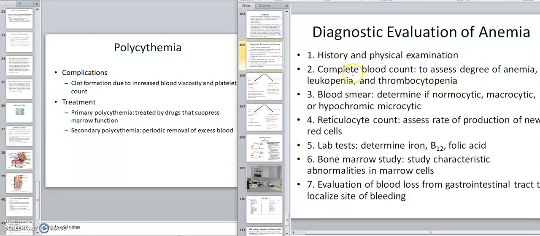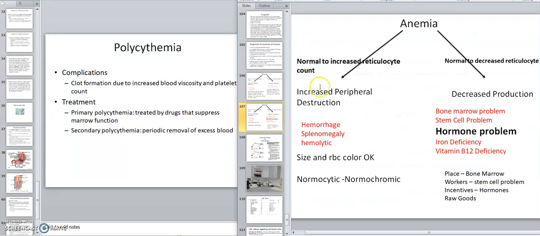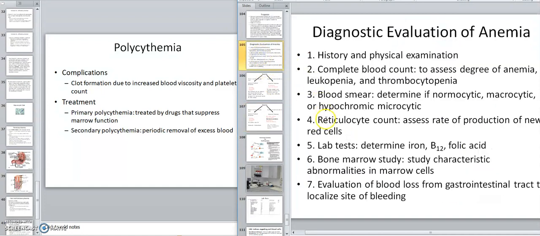In the workup, you would look at all the parameters of the red blood cells, the size, the color. CBC gives some, but the blood smear does it better because you're looking at it. If the person is anemic, to separate it into the two branches, you would look at the reticulocyte count. If the reticulocyte count is increased, peripheral destruction. If it's decreased, decreased production.